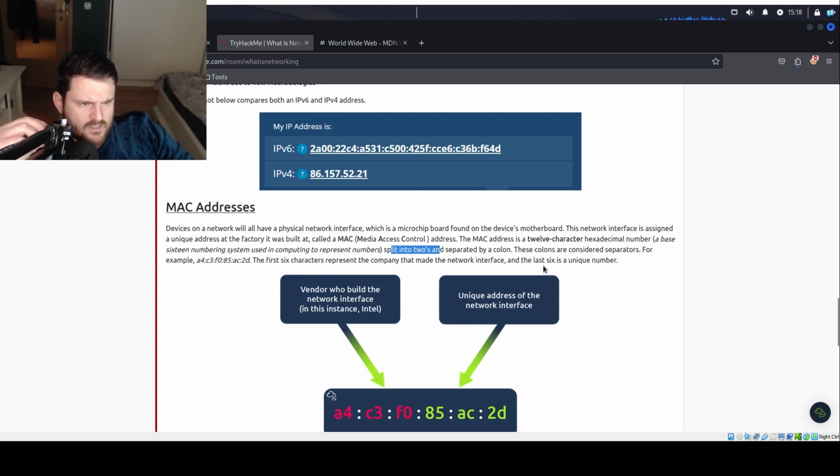These colons are considered separators. For example, the first 6 characters represent the company that made the network interface, and the last 6 represent unique numbers.